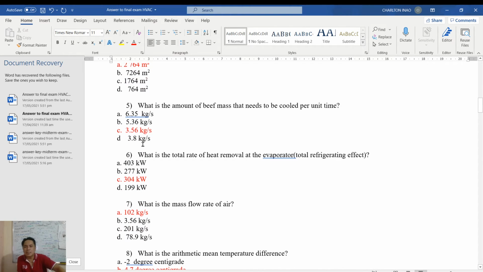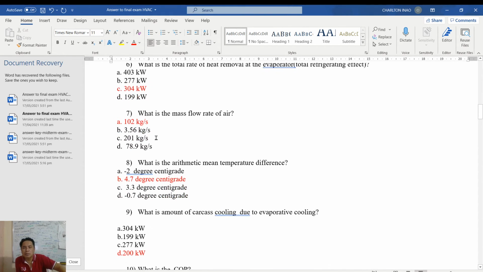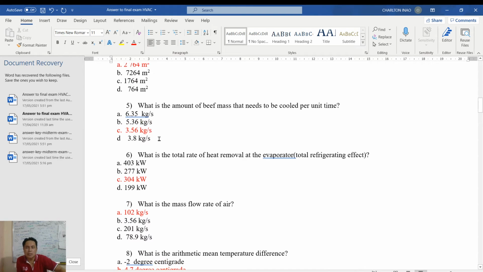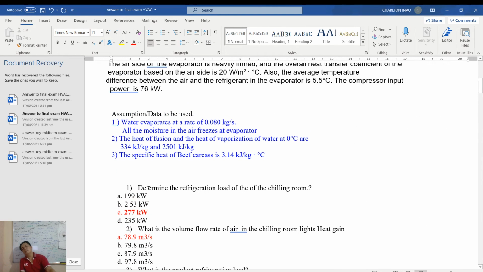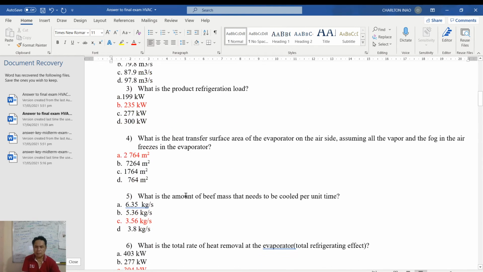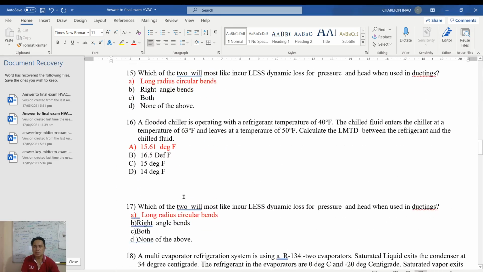So we have this 3.56 kilogram per second as what we used. So also this evaporator total heat rate is the same, 304 kilowatts. And what's the mass flow rate? We already computed 102, because we were able to compute the mass flow rate also.